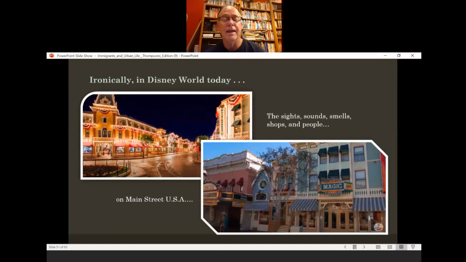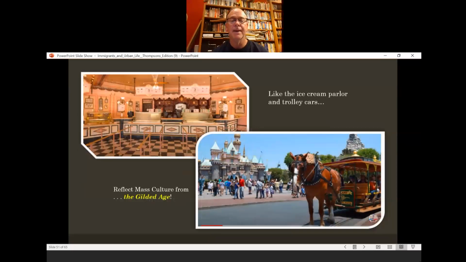And in closing on this section, I just want you to take a look at this. This is the entrance. Once you get past all the ticket booths, you're on Main Street in Disney World. And Disneyland's the same way. But take a look at the architecture. You may not be familiar with it, but the hint is the horse and the trolley there on the right.